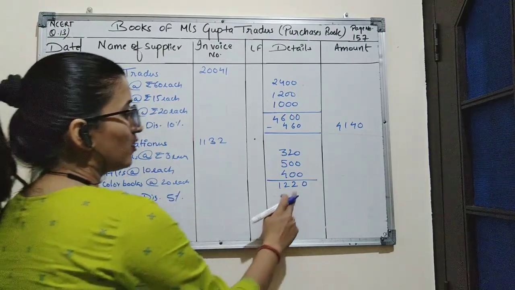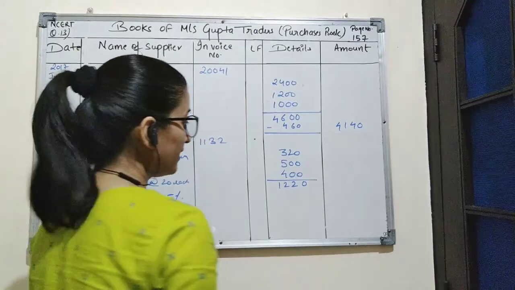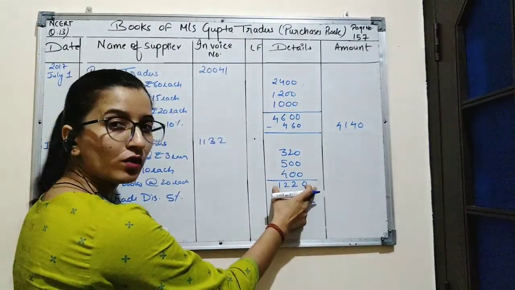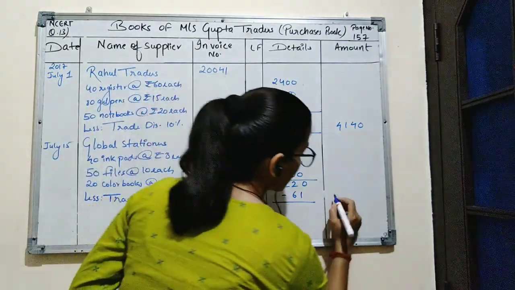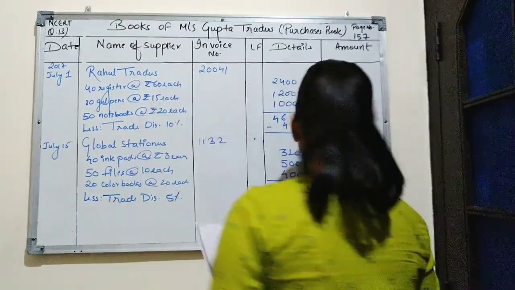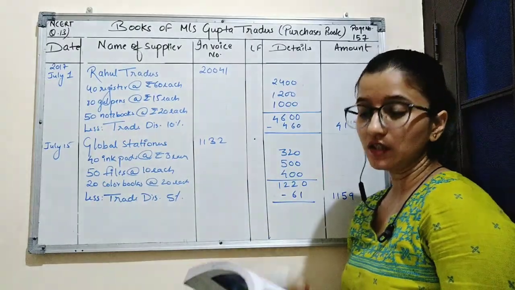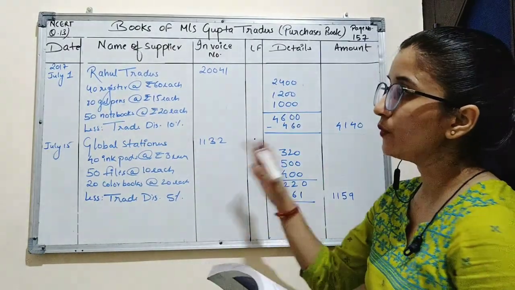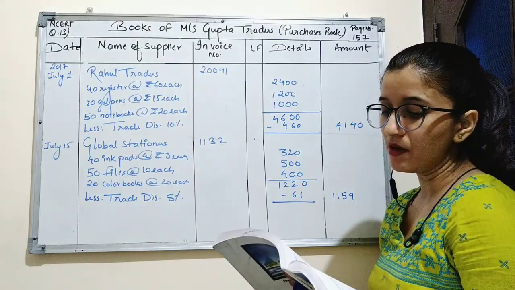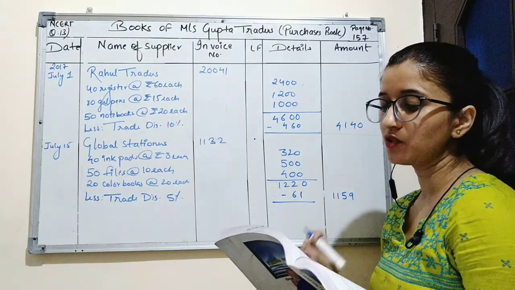So 5% of 1220 is 61. So we will deduct this trade discount from the total amount of purchase. The amount we will get is 1159.